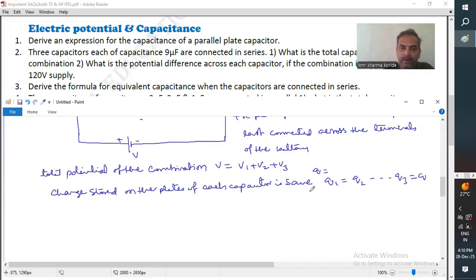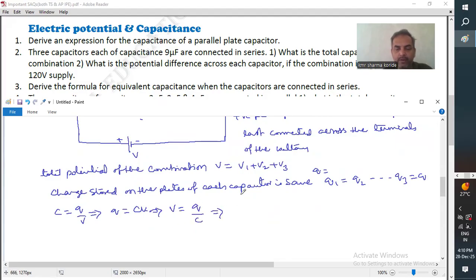Keeping this in mind, from the definition, we write C is equal to Q by V. We can say that Q is equal to CV. Now we are looking for the V expression. From this, V can be written as Q by C.